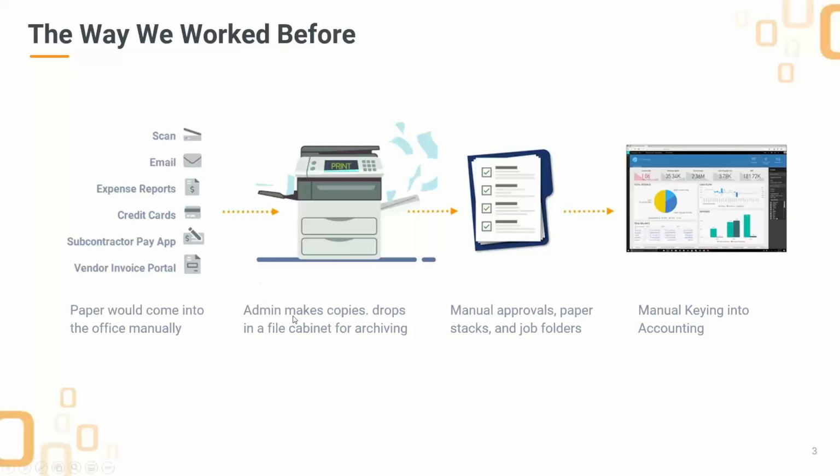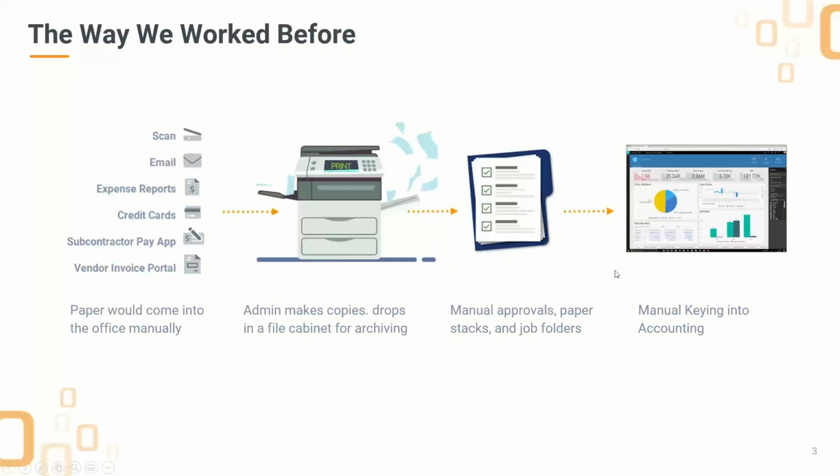Well, the way we did work before was we would bring in documents, we would scan them into our scanner, and then we would route them around, sometimes manually if we didn't have them in a scanner, and ultimately key them into our ERP or accounting system, typically Sage 300 CRE or Sage 100 Contractor, right? So this could be expense reports, credit cards, emails, pay apps, whatever that might be, work orders, receiving tickets.